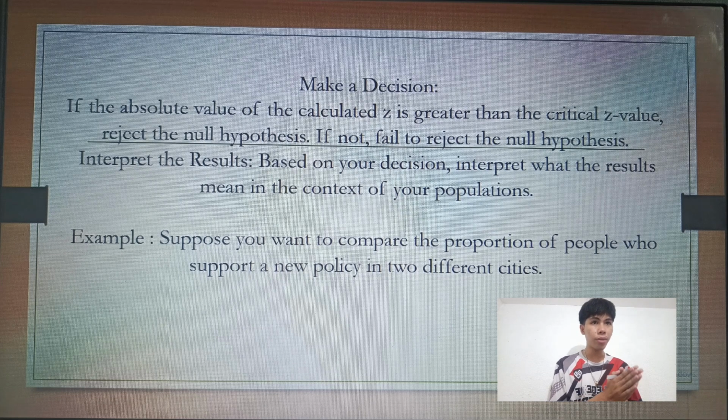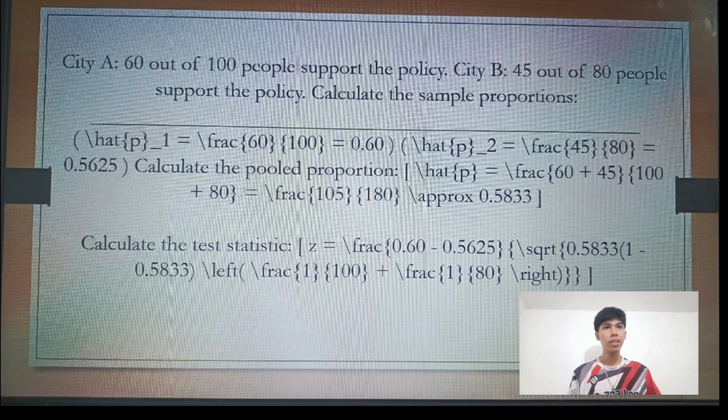Interpret the result in the context of your population. For example, suppose you want to compare the proportion of people who support a new policy in two different cities. In city A, 60 out of 100 people support the policy. In city B, 45 out of 80 people support the policy.